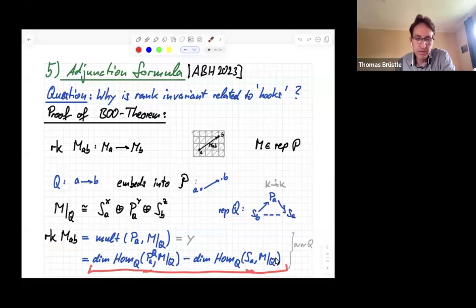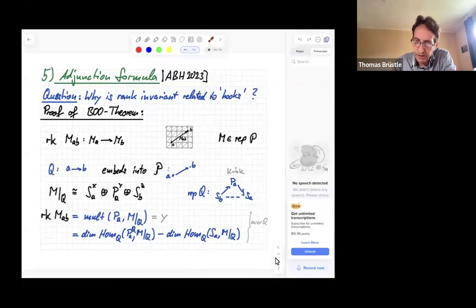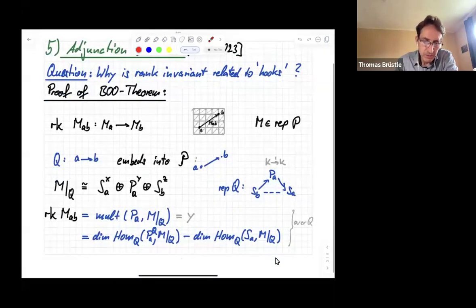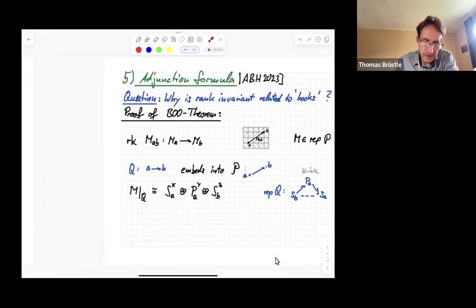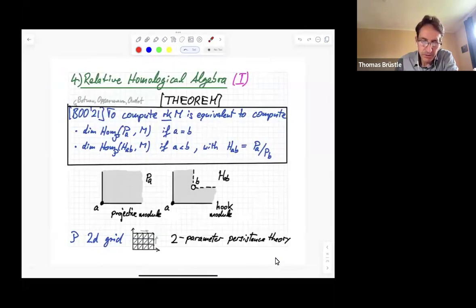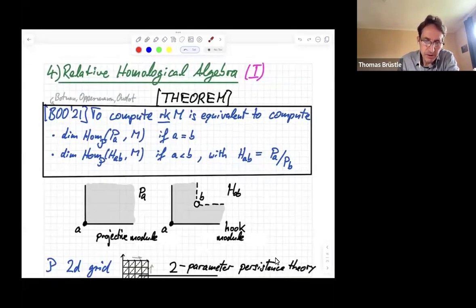We wanted to interpret the rank invariant as computing dimensions of certain homomorphism spaces.